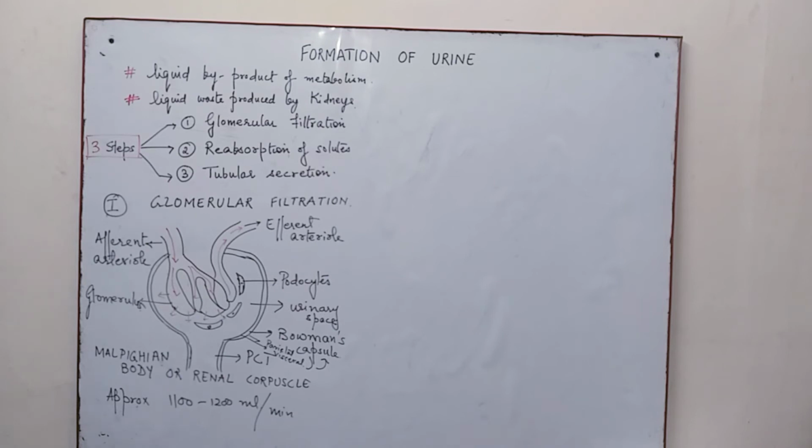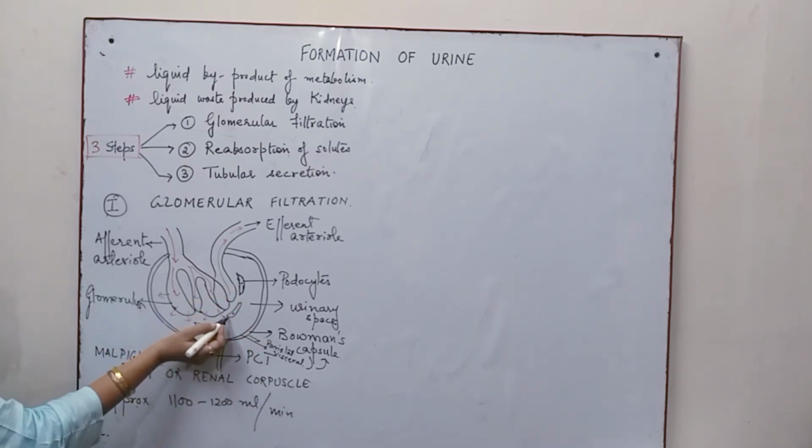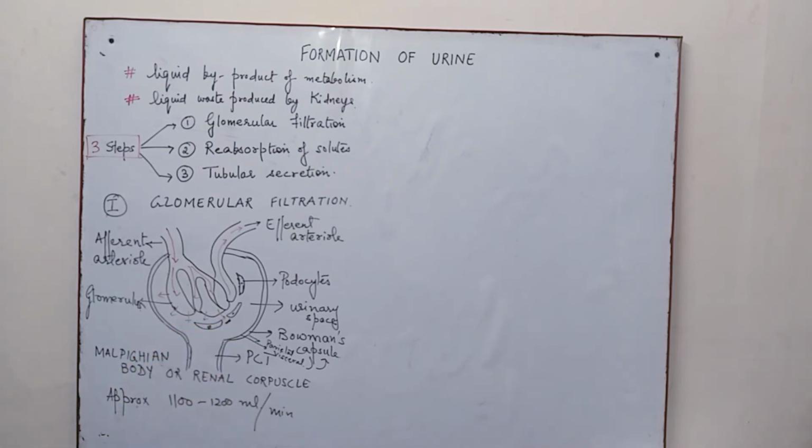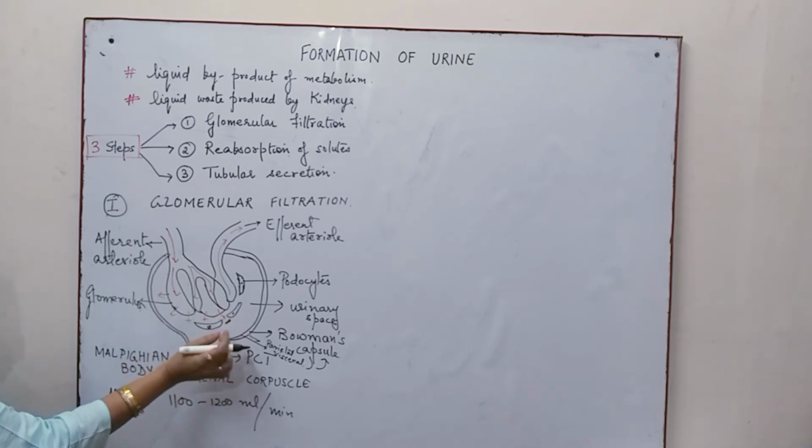These cells are arranged very closely over here, and as you can see, there is a pore, right? This pore is known as slit pores or filtration slits. This area between the two podocytes is very small and is known as the filtration unit or the filtration slits.